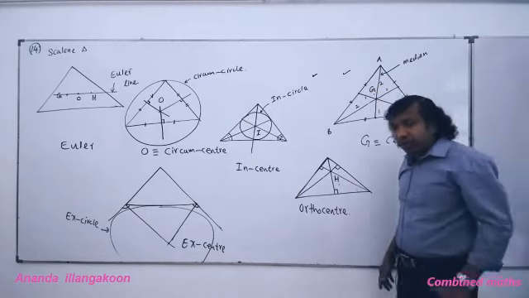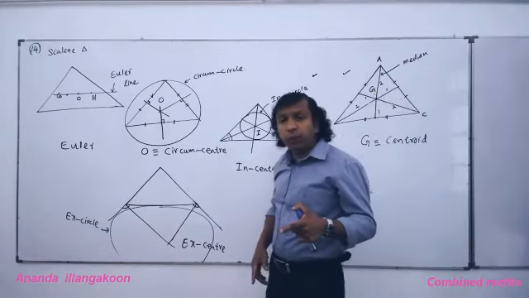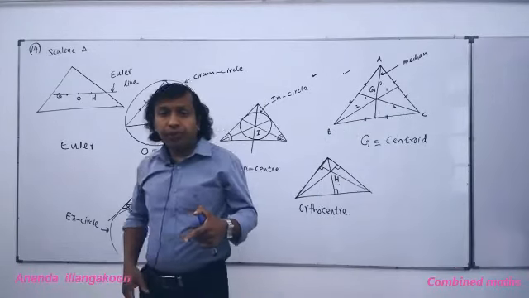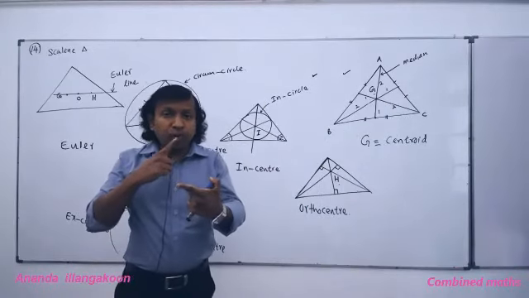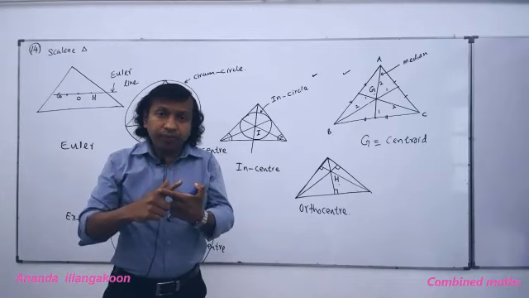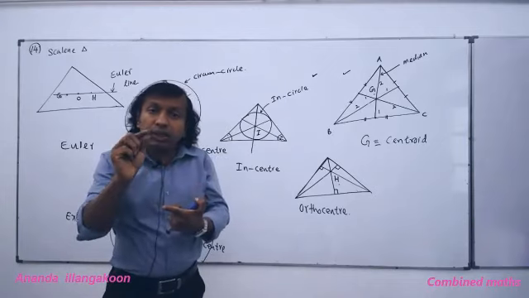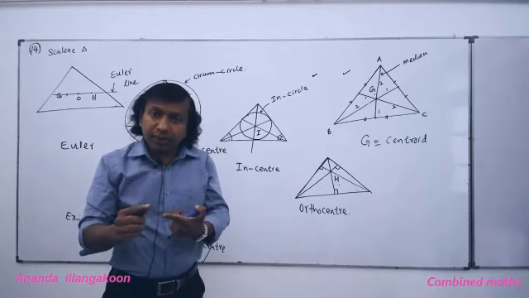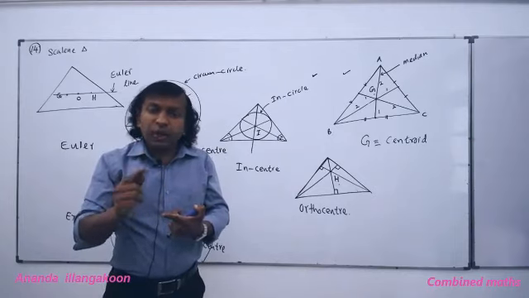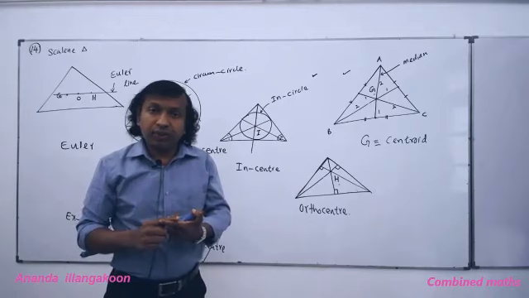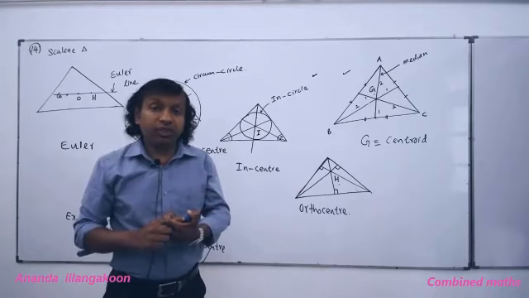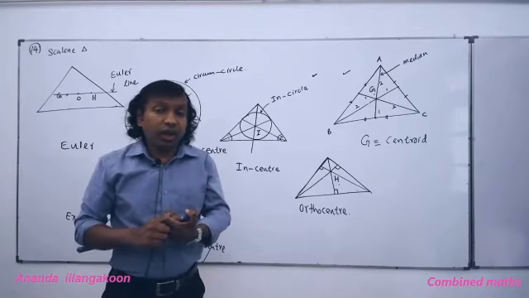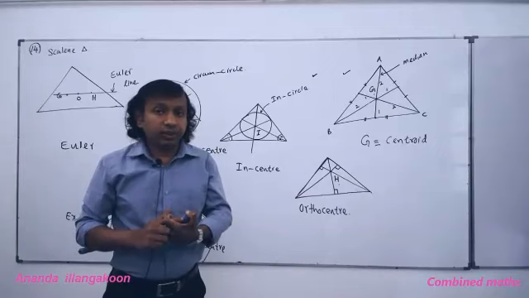Median means a line, no? When some number of lines pass through a point, we say those lines are concurrent.